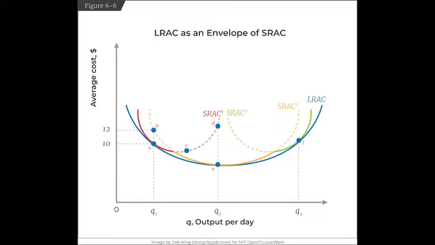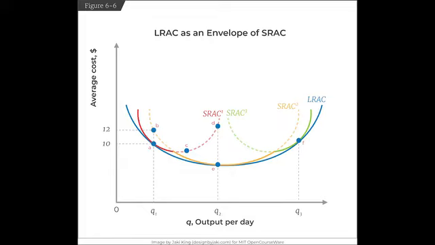What does that curve mean? That means that the small plant is SRAC1, the medium plant is SRAC2, and the large plant has SRAC3. Compare SRAC1 to SRAC3. For small quantities of production, SRAC1 lies below SRAC3.